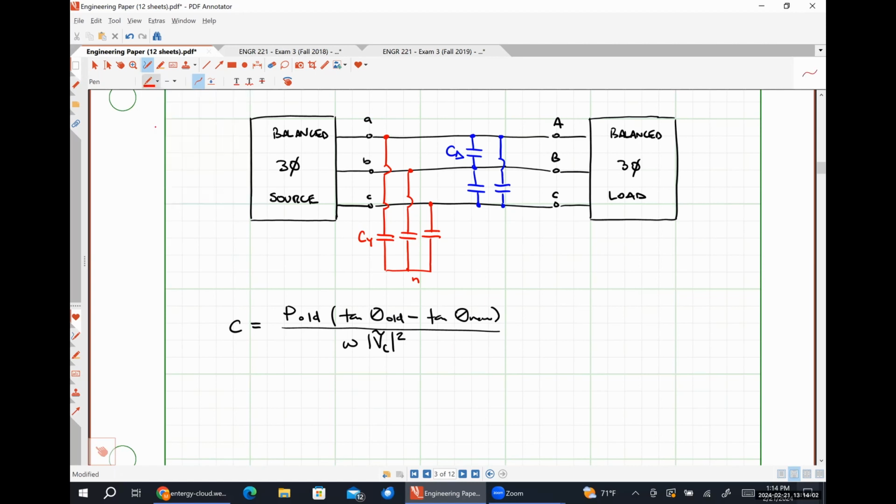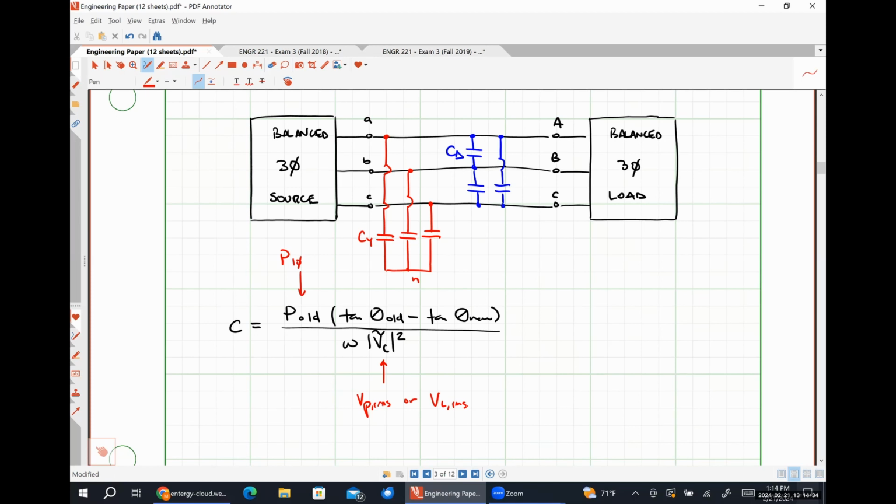We just need to make sure that this is the power absorbed by a single phase, and this voltage could be VP RMS or VL RMS, depending on whether our device or our capacitor bank is connected in a Y connection or a delta connection.